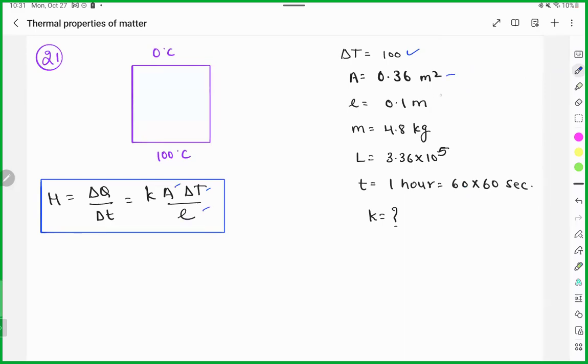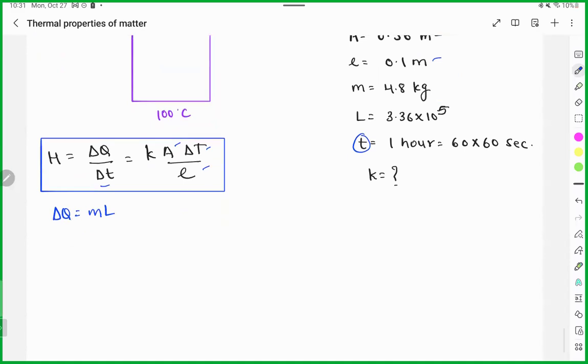Length given. Time is also given. What is this delta Q value? You know it is equal to mL. Correct. So mL is equal to K A delta T by L.